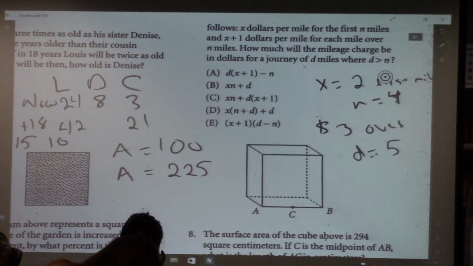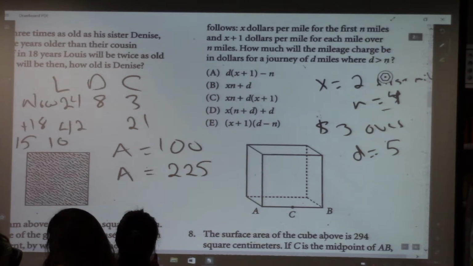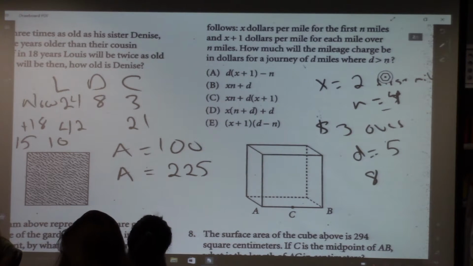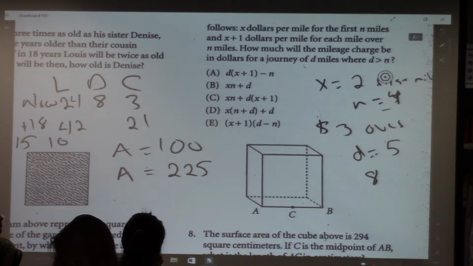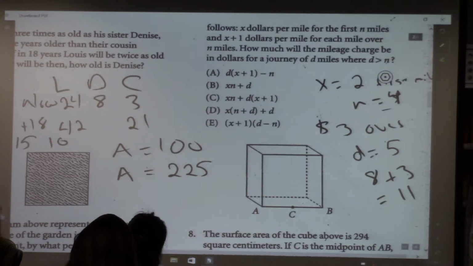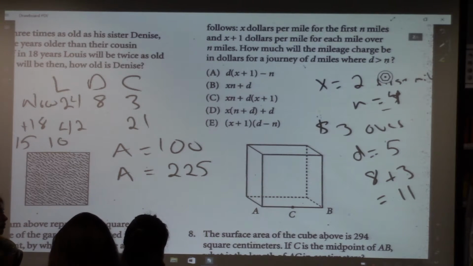We're at $2 per mile for the first 4 miles, so 2 for each of 4 miles gives us $8. And then $3 for anything over. How many miles over 4 are we going? 1. So for that 1 mile we pay the extra $3. So we have to pay $11 for our trip. Everyone with me so far?